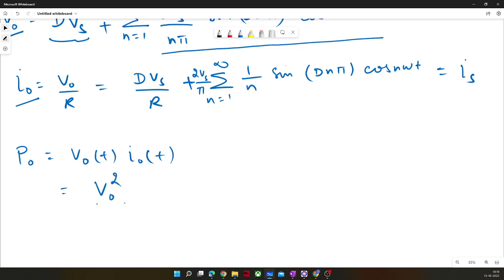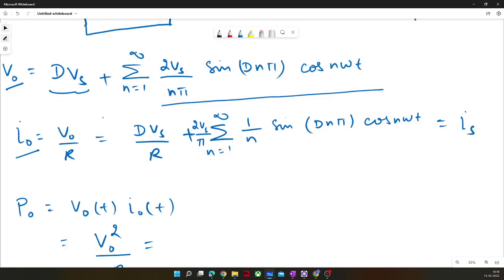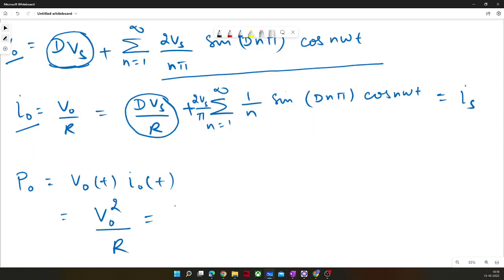V naught square by R. If you multiply this term V naught with I naught, you will get this DC component multiplied with this DC component, and that will come out to be d square Vs square by R, right?